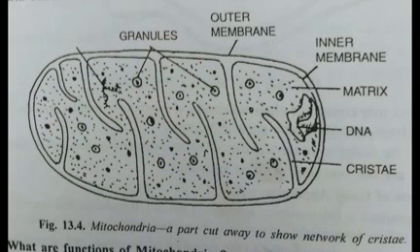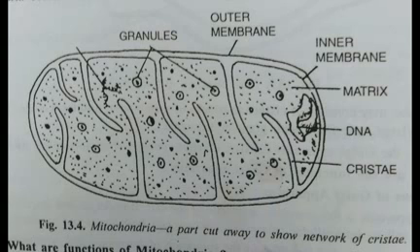Mitochondria are rod-shaped cell organelles found in the cytoplasm. Mitochondrion is singular; in plural, it is known as mitochondria. It is a double membrane bounded structure.